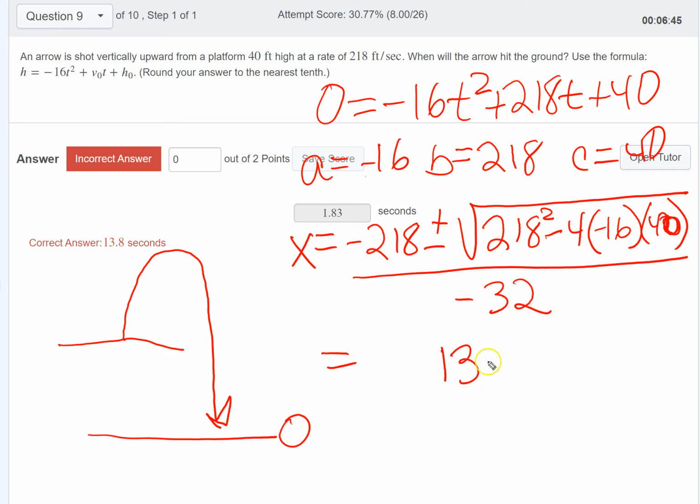One of the answers came out 13.8. So again, if you didn't get the 13.8, but I saw that you had substituted correctly, and then may have made an error here, I would give partial credit for this. If you actually got the right answer, you get full credit.